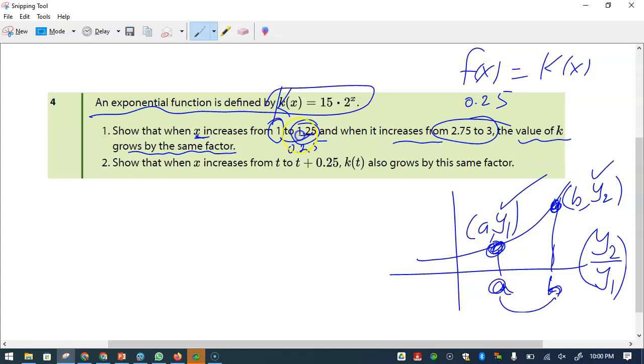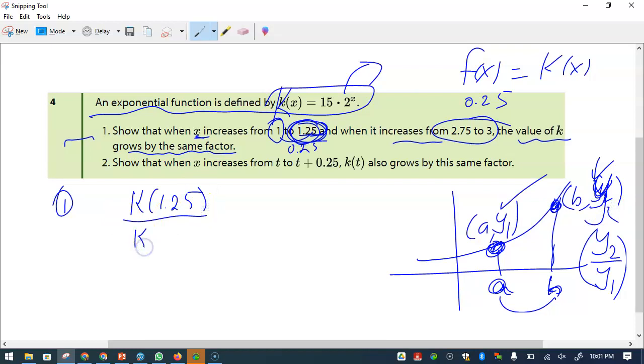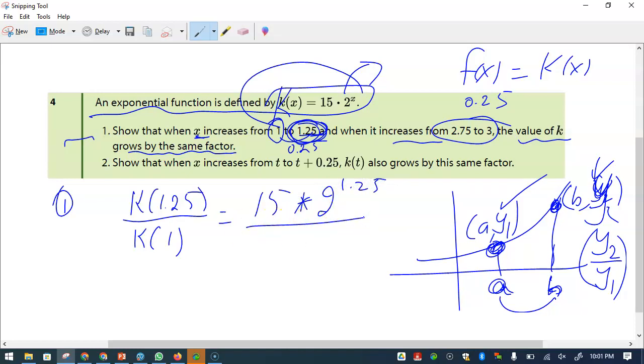Now in this example, we will plug this in to get the output. This is given, right? So the first part is we put k of 1.25. That's like y2. Then we divide by k, the output when it is 1. When you plug this in, this will be 15 times 2 raised to 1.25, divided by 15 times 2 raised to 1.